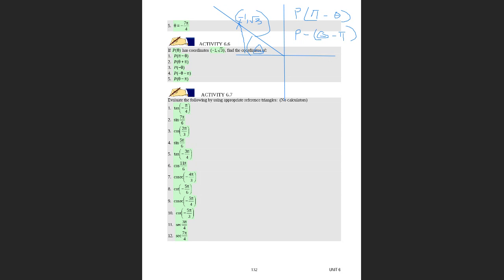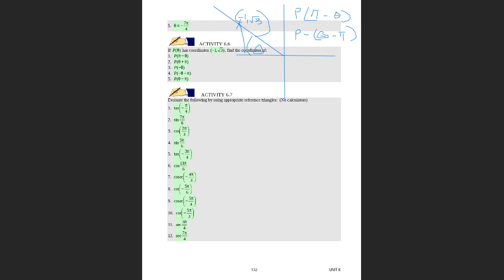Now, theta minus pi means that if this angle is theta, once you subtract pi, remember that pi is 180. So it's going to rotate 180 to this point.